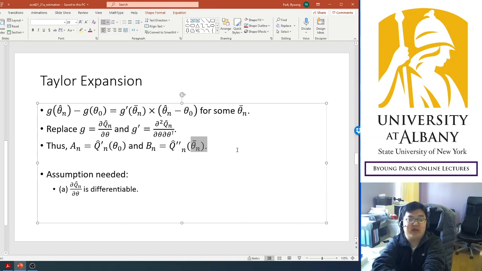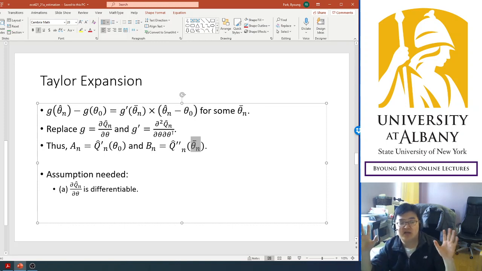So B n is a composite sequence. When n increases to infinity, this part changes and this part changes too. Two parts change at the same time. So later we are going to study how to analyze this, and I told you how to handle this kind of composite sequence.